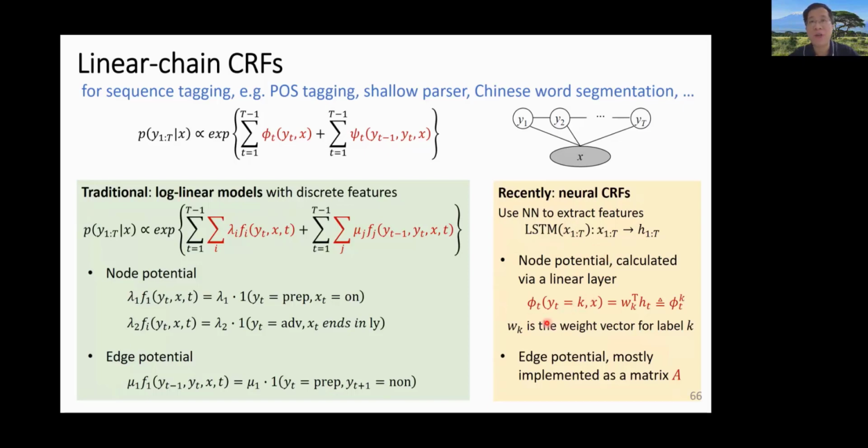As shown here, we omit the bias in describing linear layers throughout the tutorial. And phi t k is an abbreviation which denotes the potential value at position t for label k. And the edge potential is usually implemented as a matrix A.